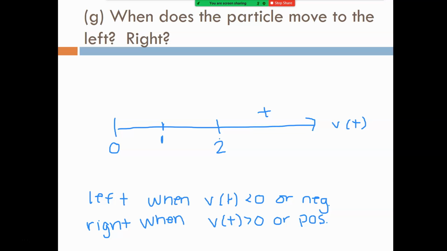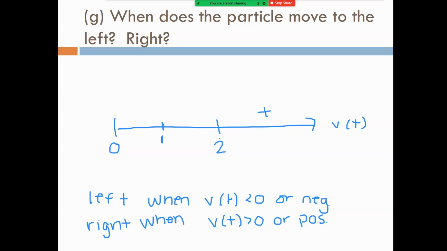Exactly. An example of that would be a function that maybe goes like this. It might come up, hit 0, and then go back down, and then come back up again. Here, if this represented velocity, it would equal 0 at point A and point B, but the velocity stays negative.